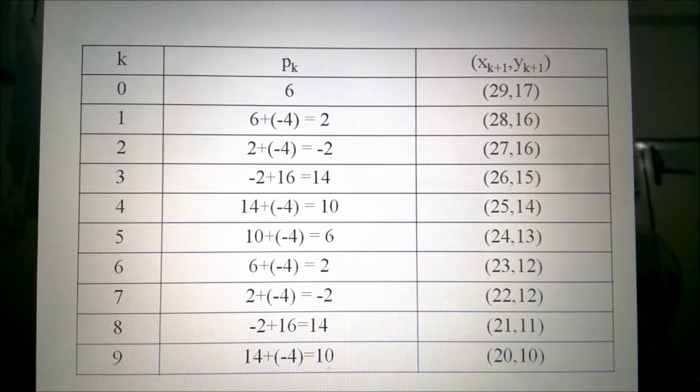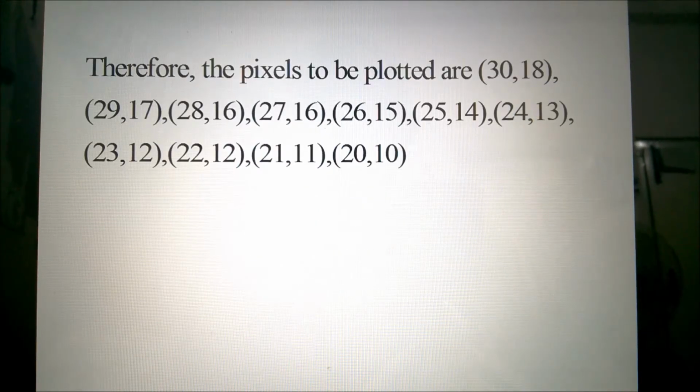In this way, we find the coordinates of the pixels, and if we plot those pixels, we get a straight line according to the Bresenham algorithm. I am showing the coordinates to be plotted to get the required line.